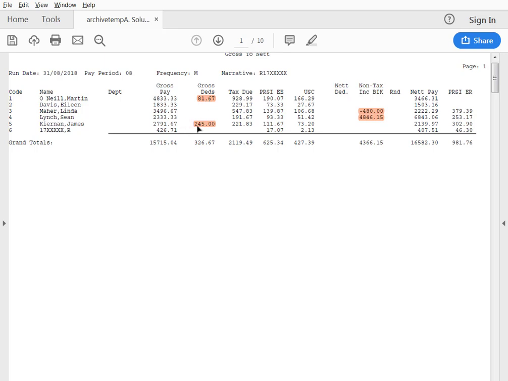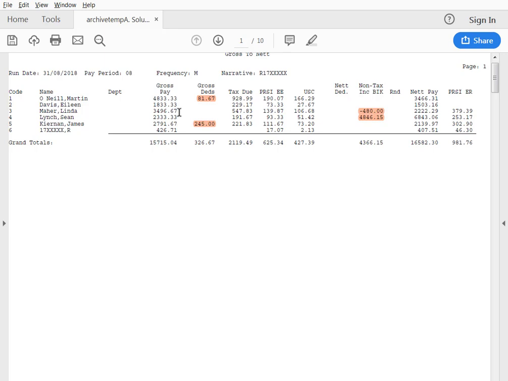Okay. The 245, that is pension that James Kiernan has paid. I have to add my 80 to that. I'm going to have 245 plus 80 is 325, and I'm going to owe that to the pension fund. The 480 is benefit in kind. Always deduct benefit in kind from the gross, because this figure that you see over here as gross pay is going to be the gross including that benefit in kind.